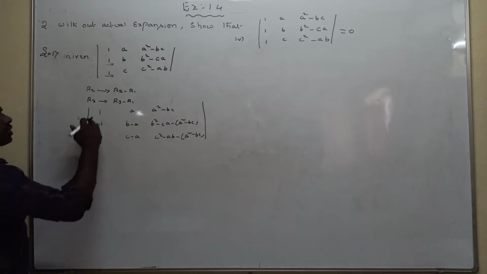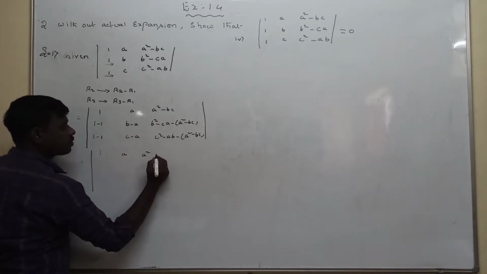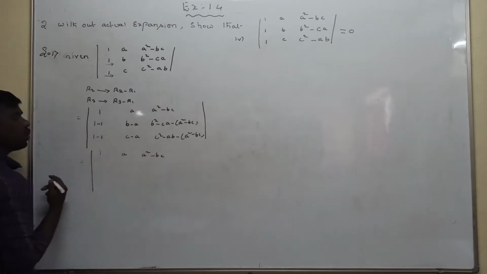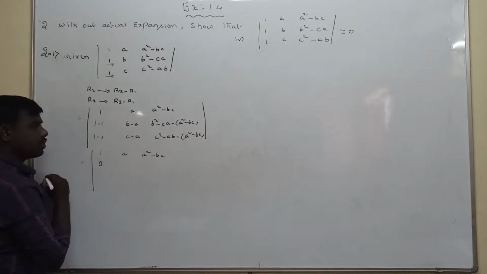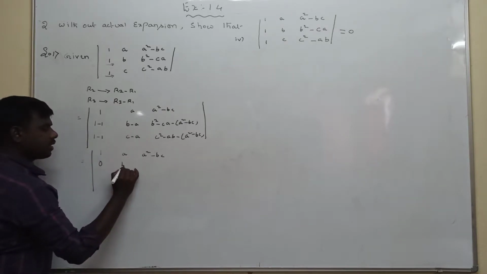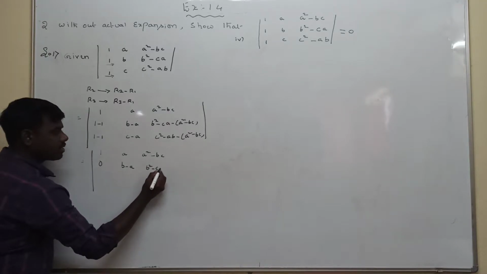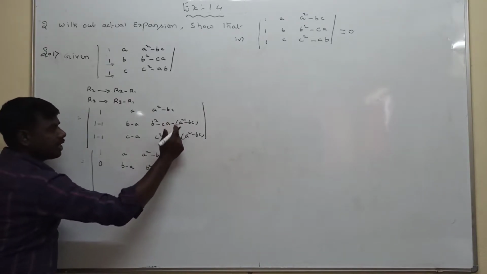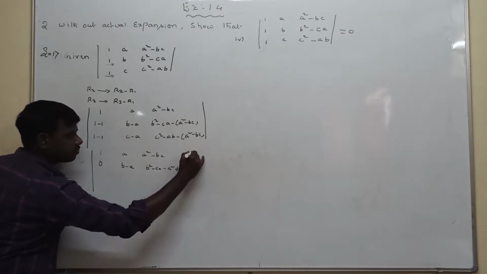Now the first row we write as it is, 1, a square minus bc. Now simplify this value, dear students. 1 minus 1 value will be 0, b minus a, b square minus ca, product with negative: minus a square minus of minus plus bc.